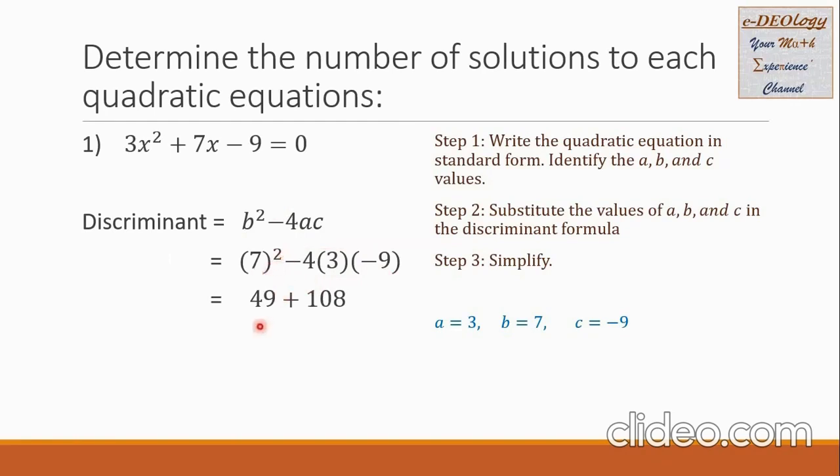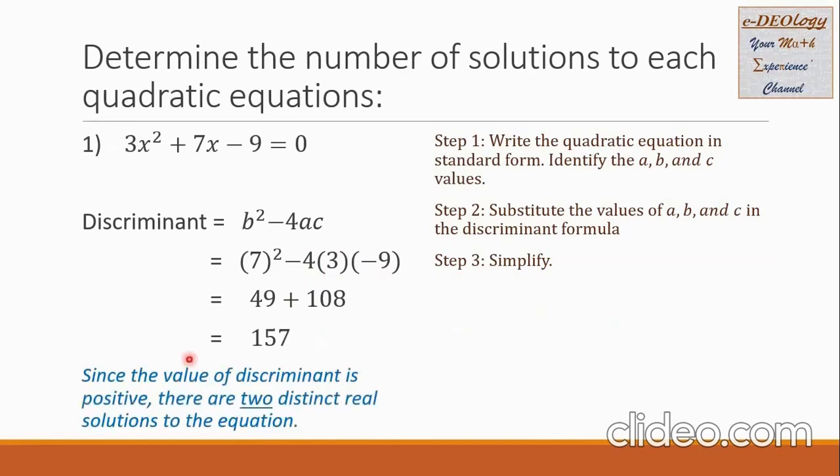The 7 squared is 49 minus the product of 4 and 3 and negative 9. So the answer is positive 108. Then 49 plus 108 is 157, and this is a positive number. Since the value of discriminant is positive, there are two distinct real solutions to the equation.